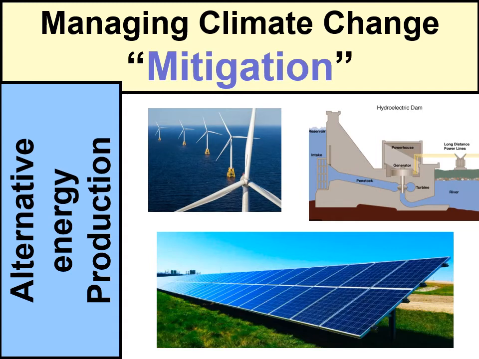The image at the top left, we have an offshore wind farm. So offshore wind farms, those are the ones that are in the sea. And we have onshore wind farms, and those are the ones you'll often see on mountain sites. At the bottom we've got solar panels, so you'll be familiar with those. Sometimes we have whole fields full of solar panels, sometimes on people's houses. And at the top right we have a hydroelectric power station.